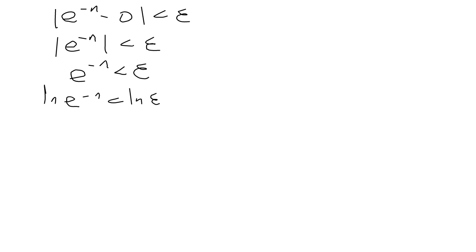And ln cancels e, so we get negative n is less than ln epsilon. Remember, we're solving for n. So if we multiply both sides by negative 1, n is greater than negative ln epsilon. Oh Lord, it's because I keep saying e is epsilon.